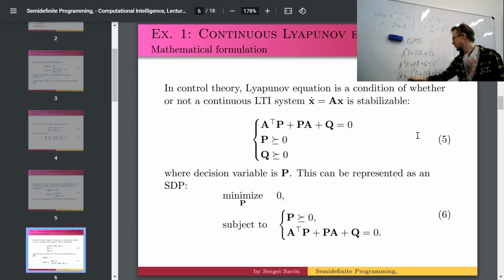And while this guy is negative semi-definite, this guy may not be negative semi-definite. But if this guy is smaller than this guy, yes.